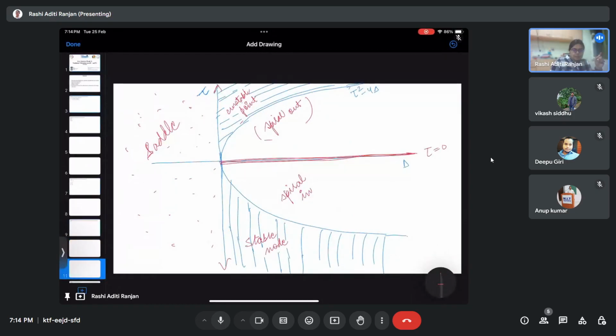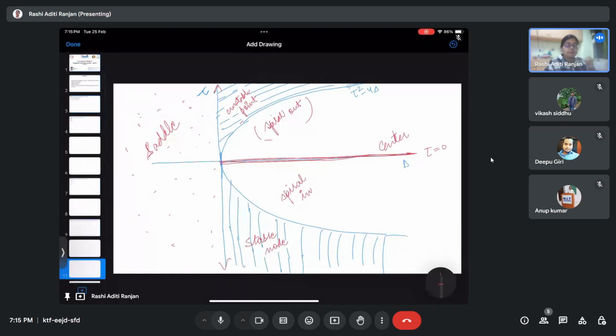How was the behavior when we had just the imaginary value with the real part 0? It was a periodic oscillation, right? So this kind of fixed point is known as the center.